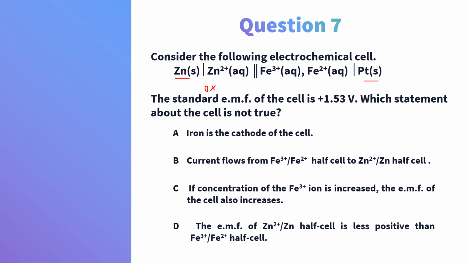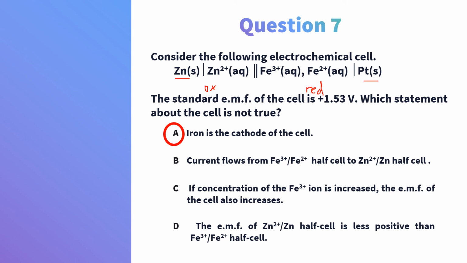Then here is the cathode, reduction. Okay, so platinum is the cathode, not iron. So we don't have solid iron here. Okay, so A is wrong. Let's look at the other answers.